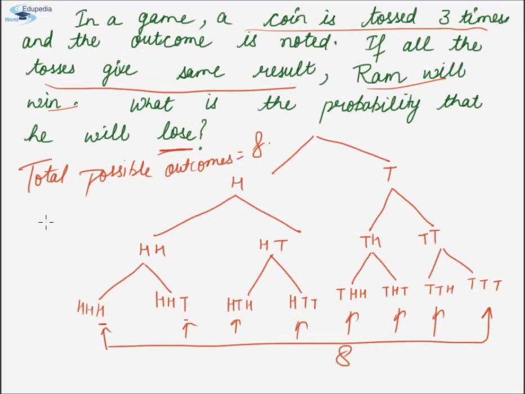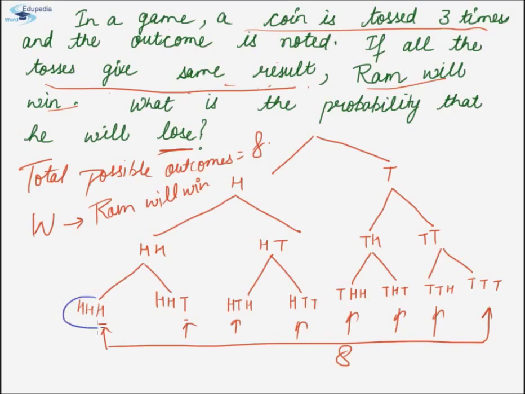Now let us denote with W the event that Ram will win. Now Ram will win when the coin is tossed 3 times, the outcome is noted and the toss gives us same result. That is, all the 3 tosses are giving the same value.